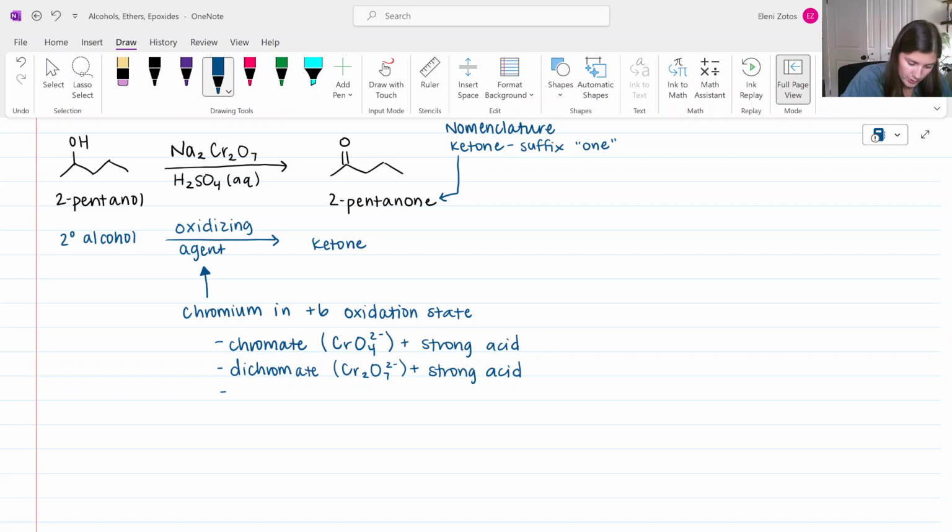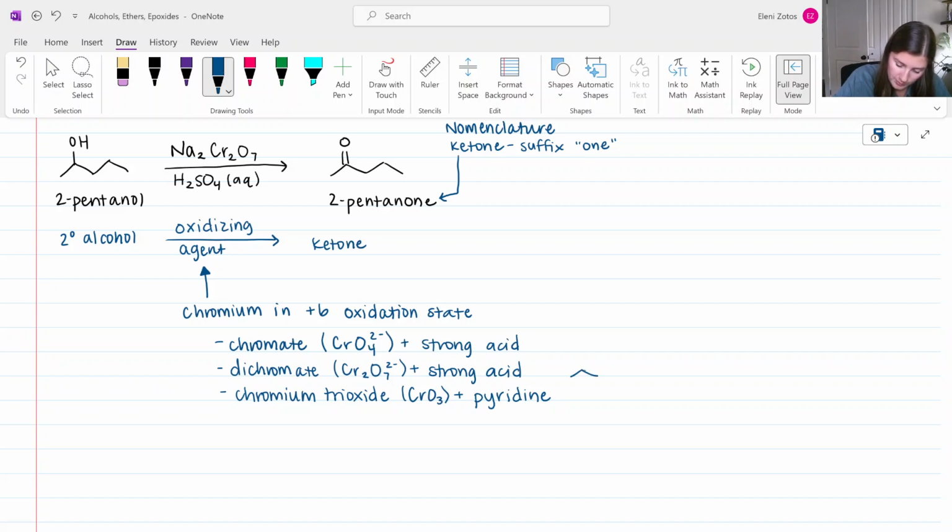Or we can have chromium trioxide and pyridine. Pyridine is a 6-membered ring, looks like benzene, but one of the carbons is a nitrogen.